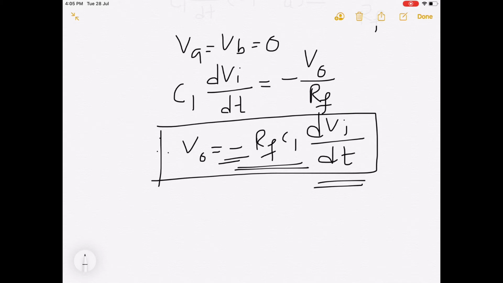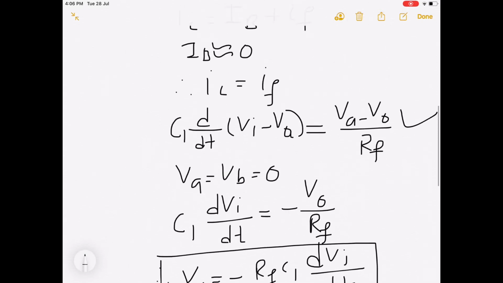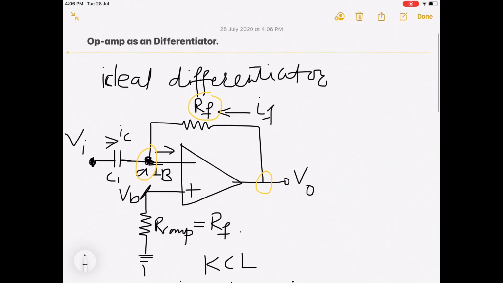A differentiator performs the reverse of the integrator's function. Here the upper cutoff frequency Fa is given by 1 upon 2 pi Rf C1. This is the upper cutoff frequency.